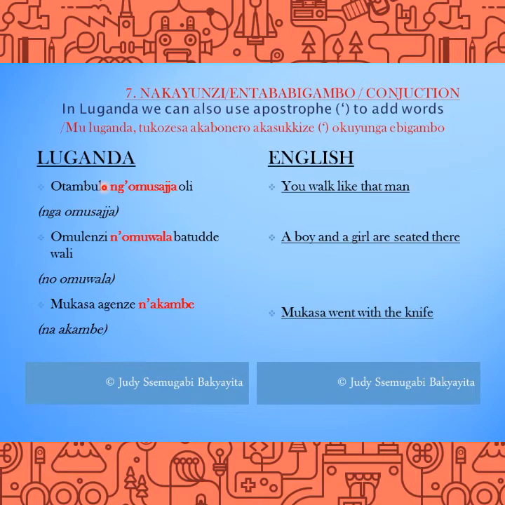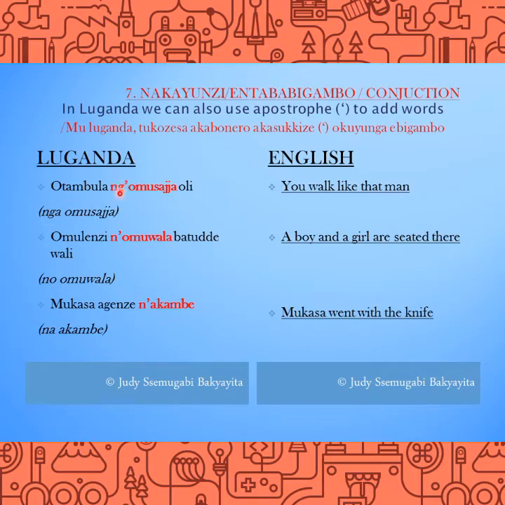Okugeza, otambula ng'omusajja oli. This is one sentence. We used apostrophe to add two words, like nga.